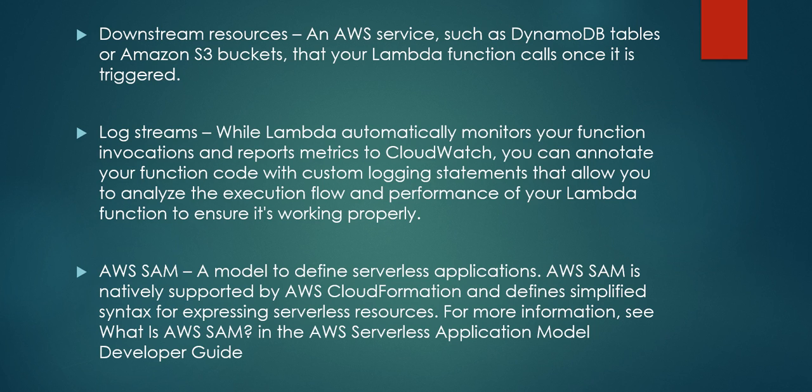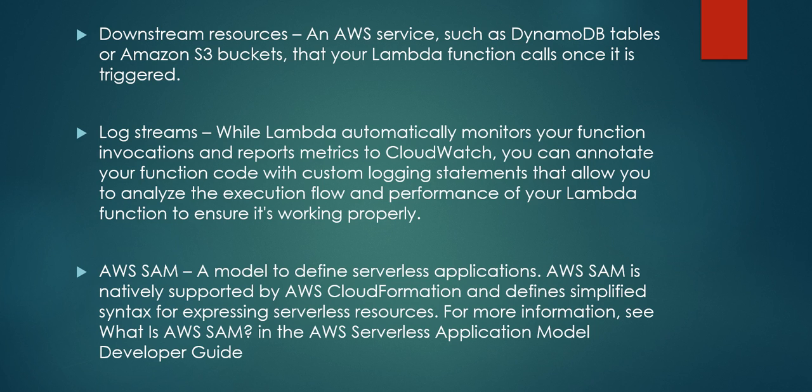Log streams. While Lambda automatically monitors the function invocation and reports metrics to CloudWatch, CloudWatch is the Amazon monitoring solution. We can annotate the function code with custom logging statements that allow us to analyze the execution flow and performance of the Lambda function to ensure it's working properly.